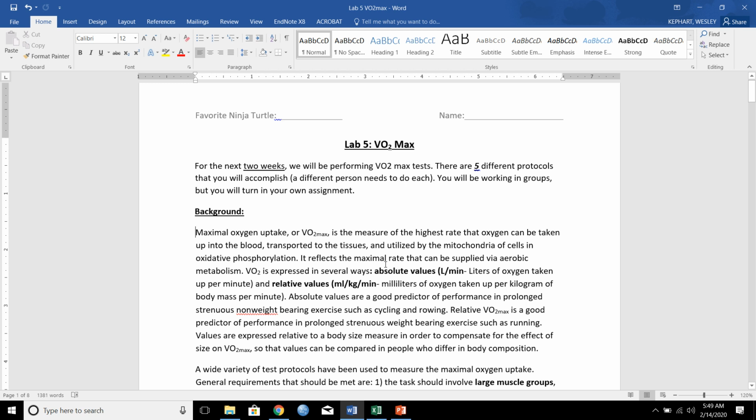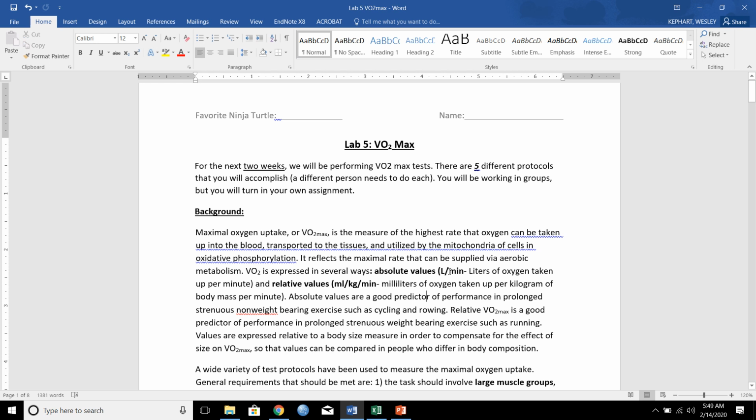Two big aspects to know: absolute VO2 and relative VO2. I would know the difference between these. The biggest thing to understand here is that liters will be a smaller number, and milliliters will be a bigger number.